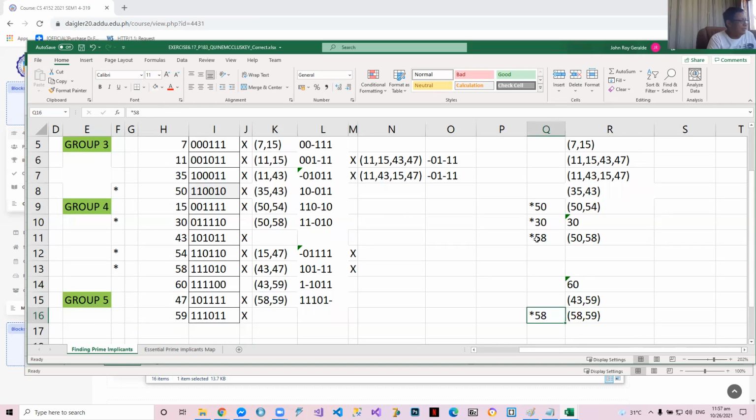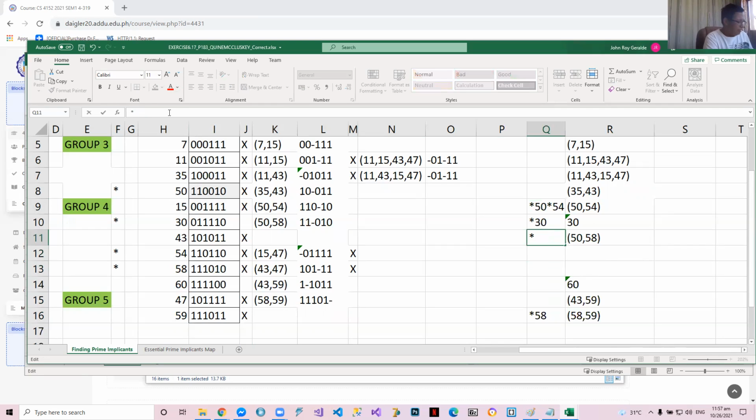Okay, 50, 30, 54. We have a 54, 50, and 54. These are don't cares, right? So pwede na ito hindi isali. This is star 50, star 54. Right? How about this? Is 50, 50 and 58. So this is 50 and 58 pala.